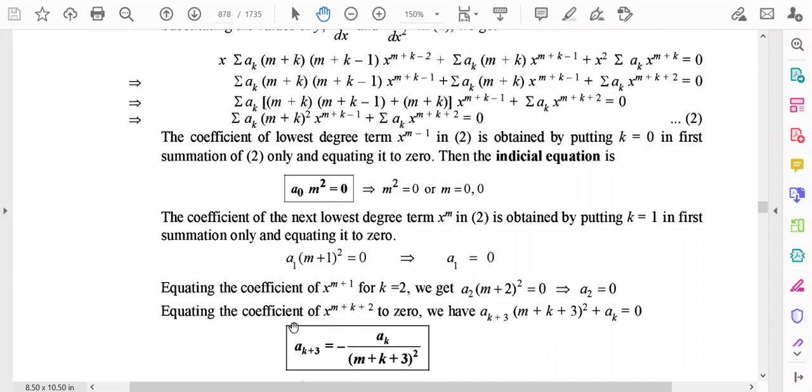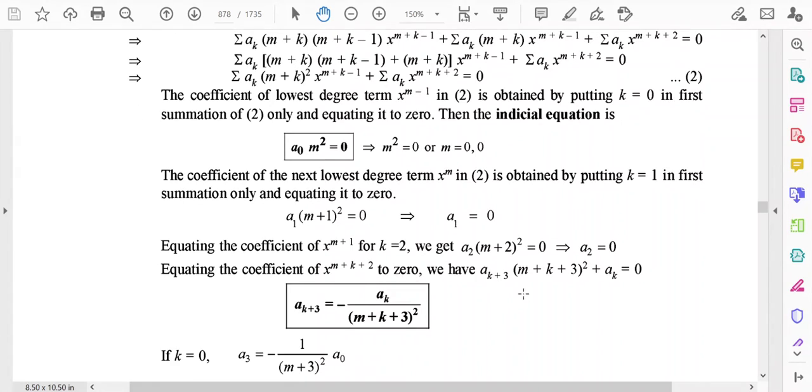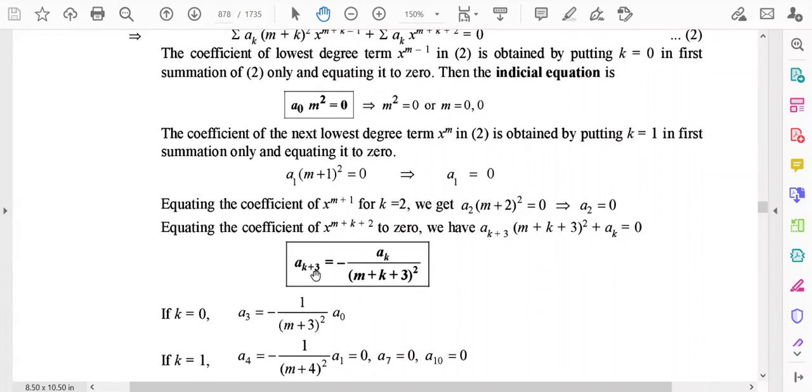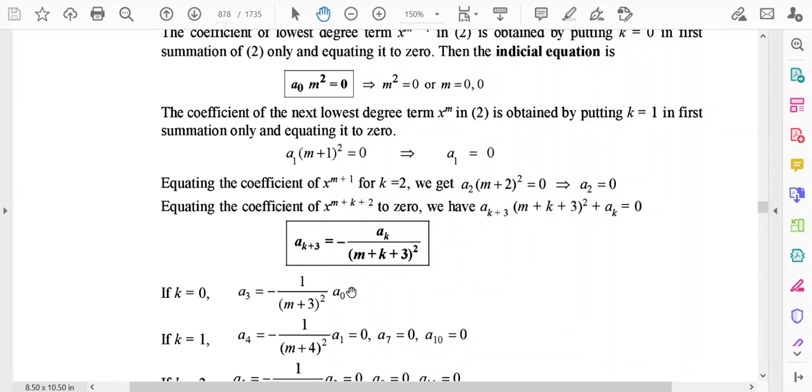So equating the coefficient of x to the power m plus k plus 2 to 0, from this equation we can write a(k plus 3) times (m plus k plus 3) whole square plus ak is equal to 0. So a(k plus 3) is equal to minus ak by (m plus k plus 3) whole square. Now we can obtain the relation between different a values.